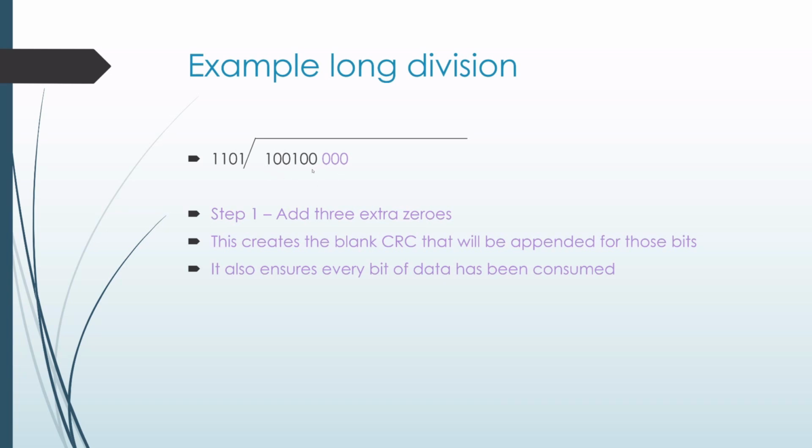These 3 zeros make sure that every bit is used, that every bit is pushed through this division problem. So if you put these 3 zeros, then everything is consumed. You add 3 extra zeros because the CRC would be 3 bits in length when you have the generator polynomial like this. Then you append this at the end, and it ensures that every bit is consumed.